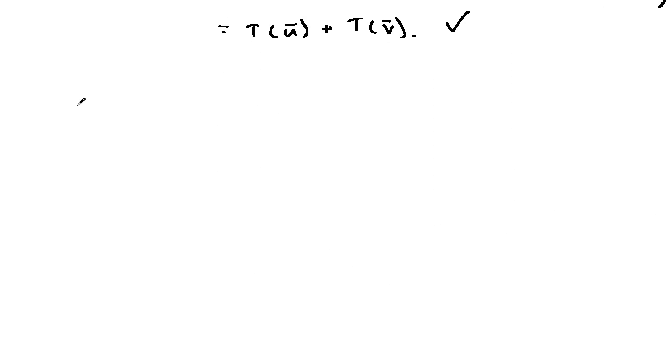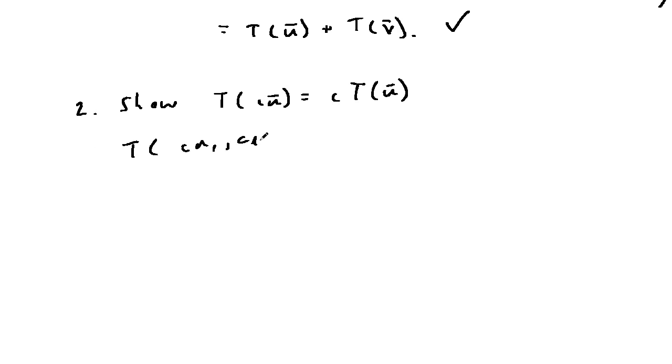Let's check the second condition. We want to show T of cu is c times T of u. Okay, c times u is (cu1, cu2).